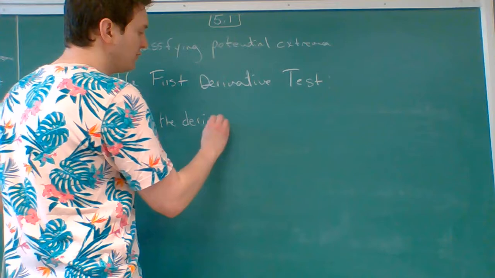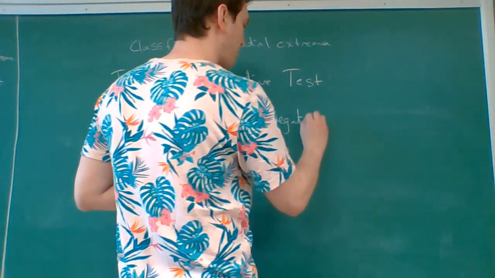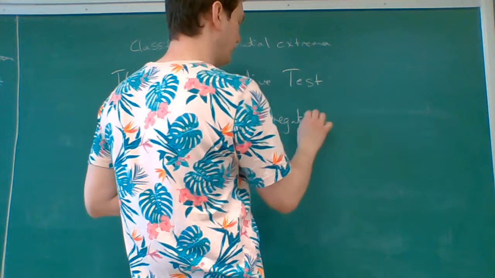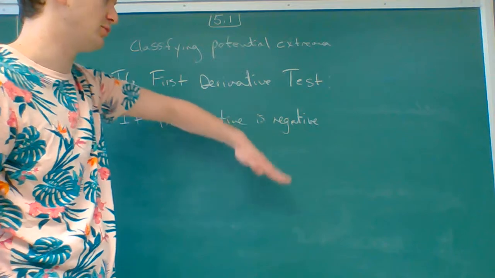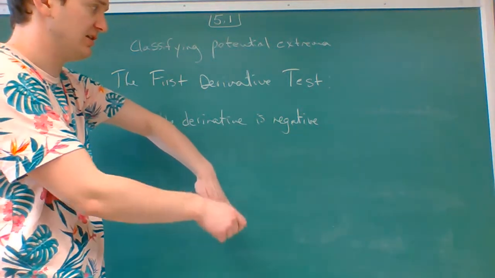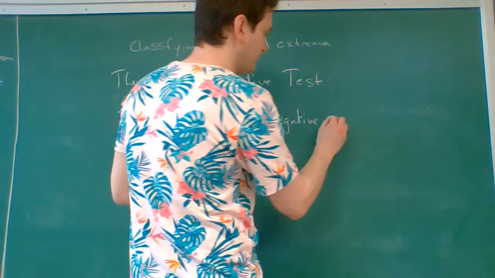It says, think about what a negative derivative means. A negative derivative means the graph is pointing down, right? The slope of the tangent line is negative.